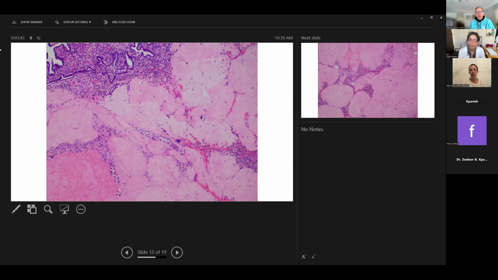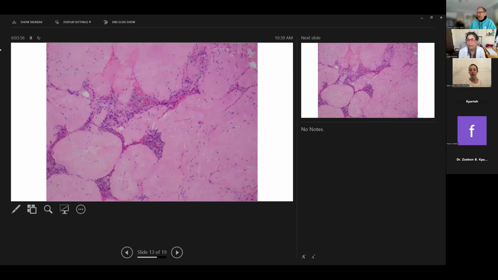They hadn't documented pregnancy or done an ultrasound or anything of that sort, but that might have been an abortive gestation at that point that had spontaneously involuted, leaving this placental site nodule.